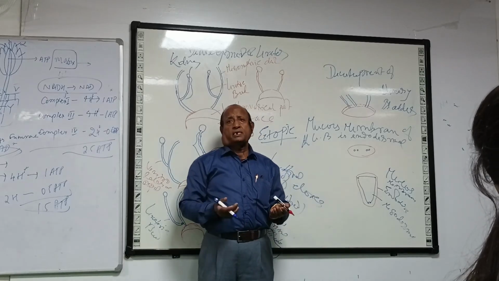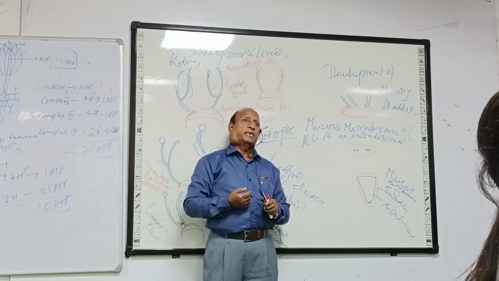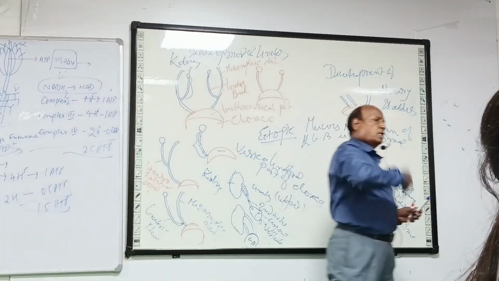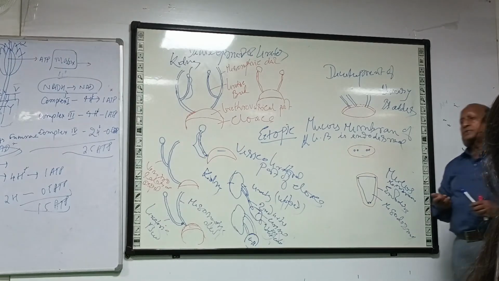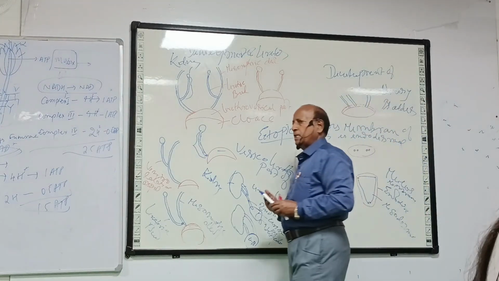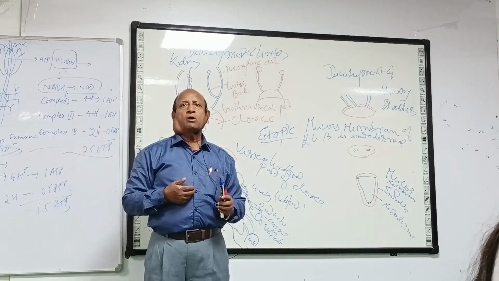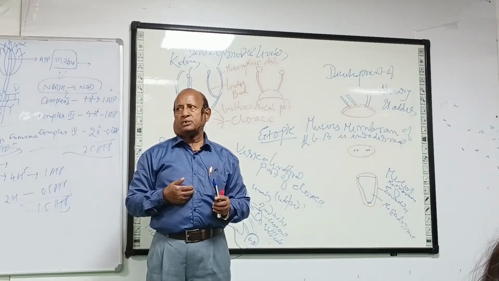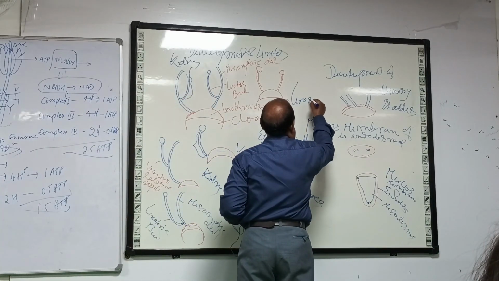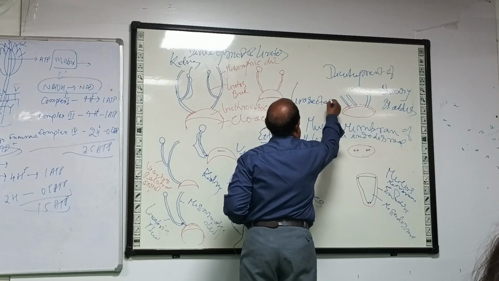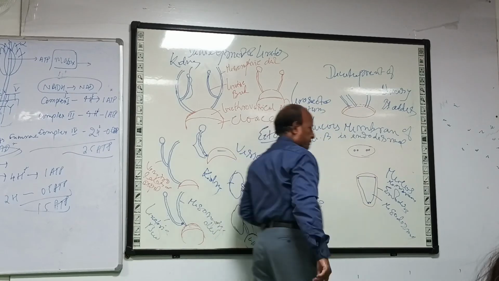Now it is very clear, I have told you that the whole gut is divided into the foregut, midgut and the hindgut. Now this hindgut is also divided into two parts by the development of the urorectal septum.